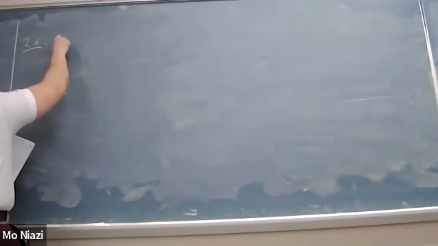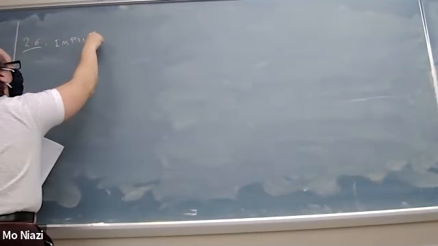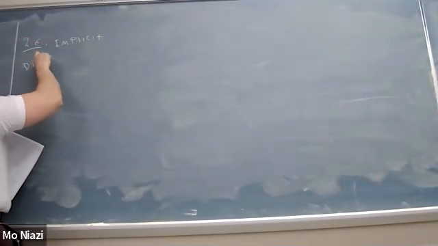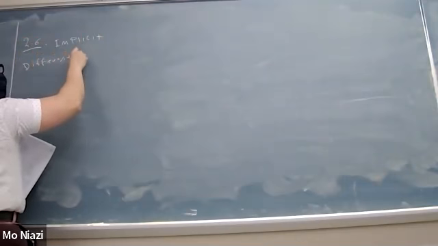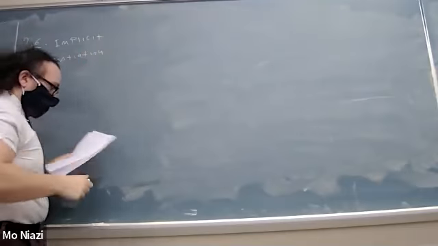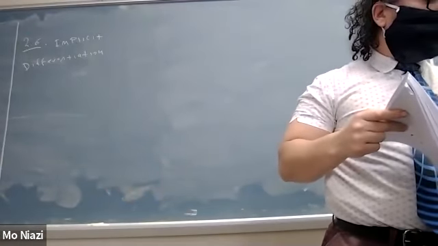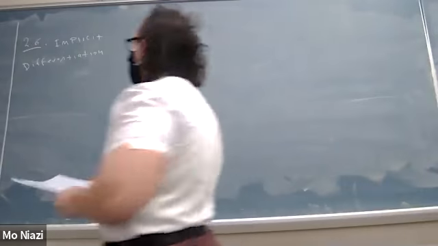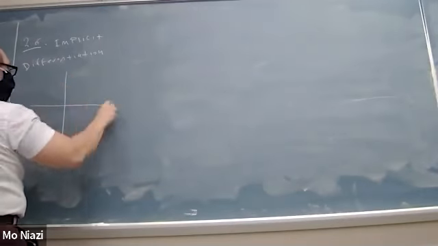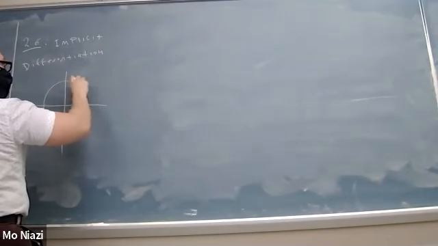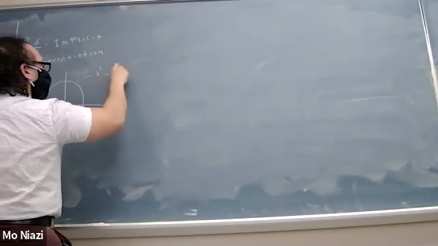This is implicit differentiation. Okay, so the general equation for a circle centered at the origin of radius 1 is given by x squared plus y squared is equal to 1.